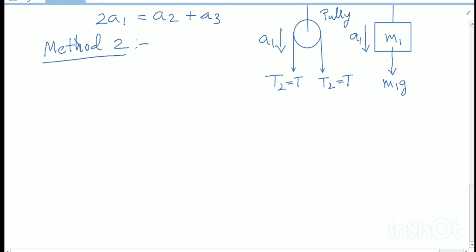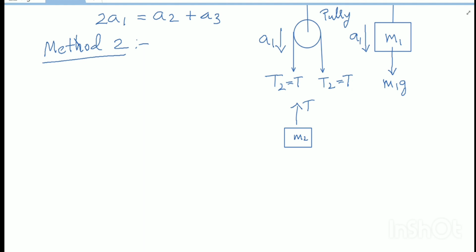For the pulley, the total tension is 2T, and for M1 the tension is 2T, but for M2 the tension is T and the acceleration is downward, and for M3 the acceleration is downward, A3.